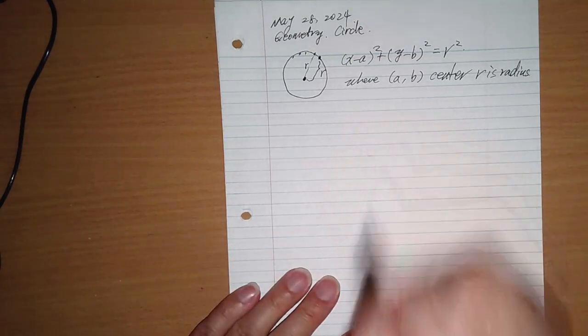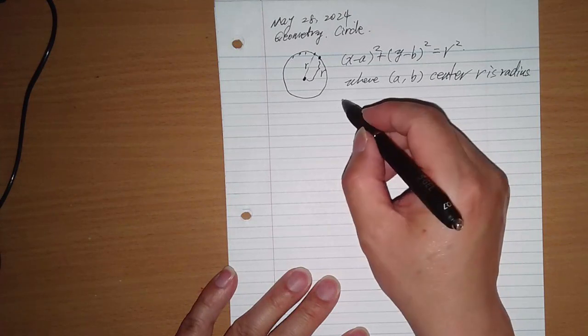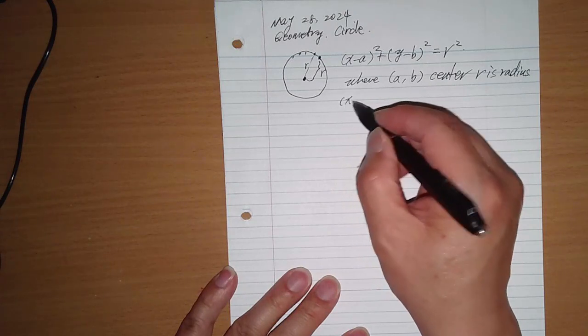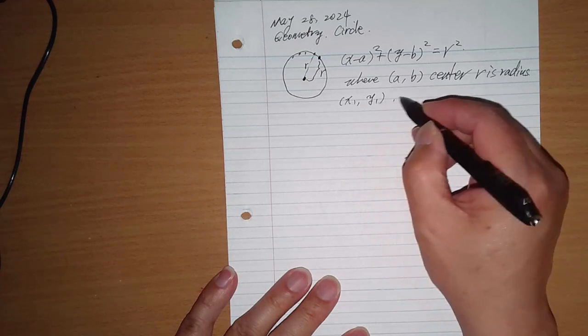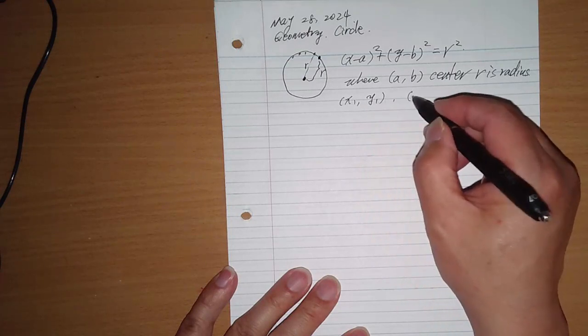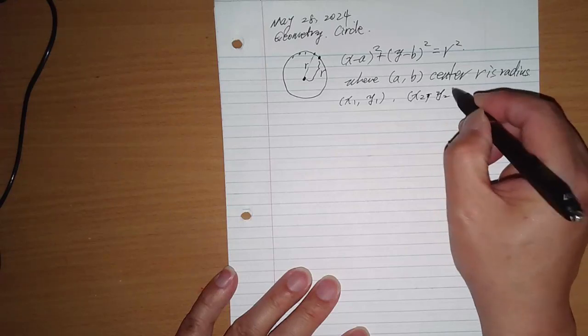How did we get this? Remember the distance formula. If we are given 2 points, one is x1, y1, and the coordinates of the second point are x2, comma y2.